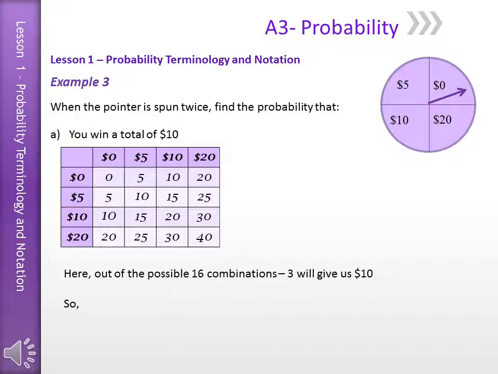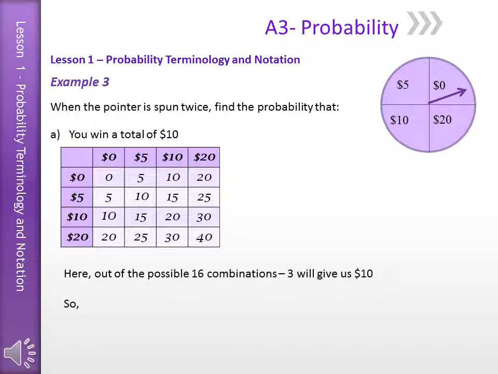I'm now going to show an example where we're going to use a table. So we're going to go back to the spinner question that we used before, and when the pointer is spun twice, we're going to find the probability that we win a total of $10. So I've got our first spin along the top, I have our second spin down the left, and in each box we're going to do the sum of the two.